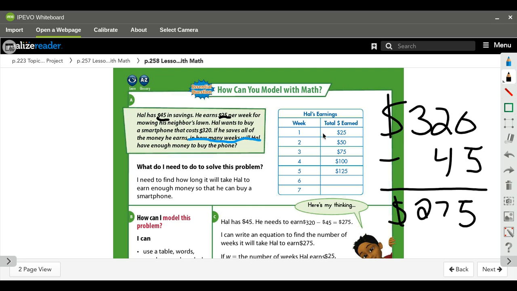So if you take a look, you'll notice there's a pattern that's happening here. Each week my value is increasing by $25. So I can continue to work on the input output table. So 6 would be 150 and 7 would be 175. Or what I could do is I could create my rule for this table, which is going to be 25W.